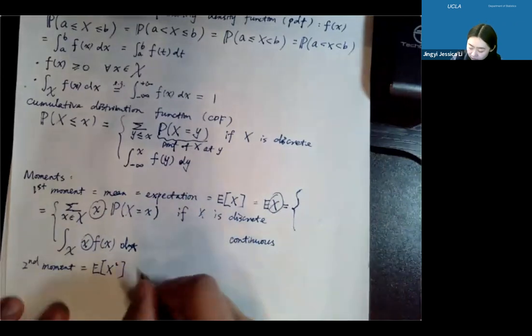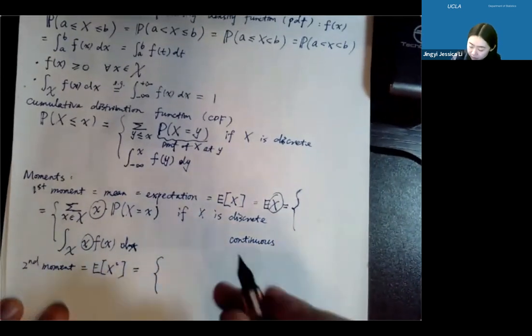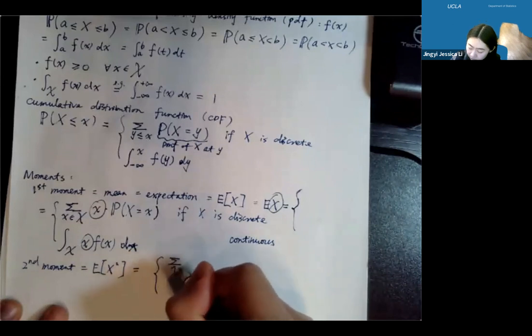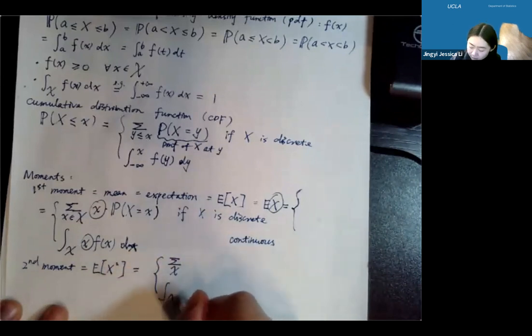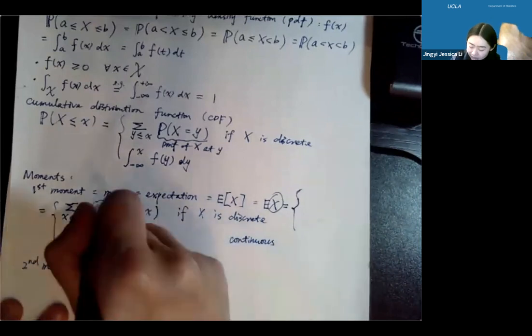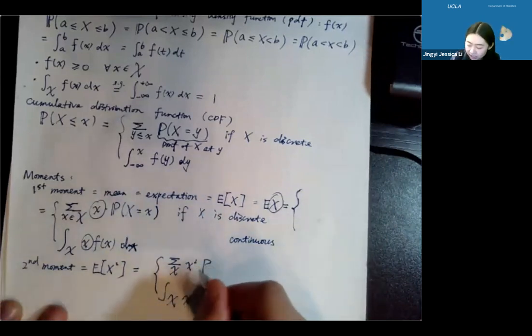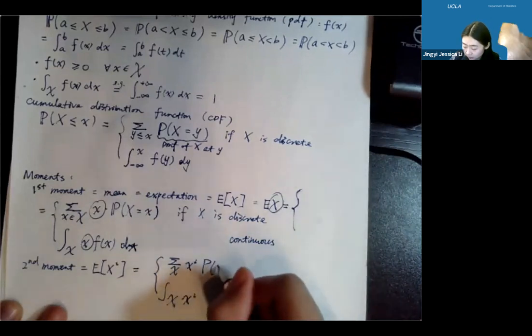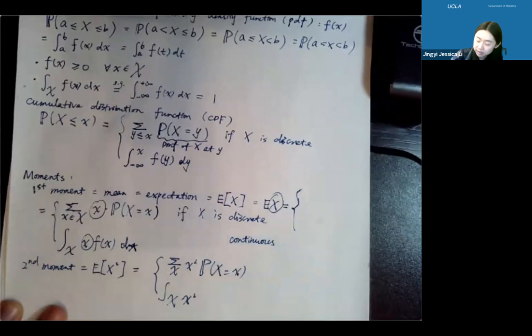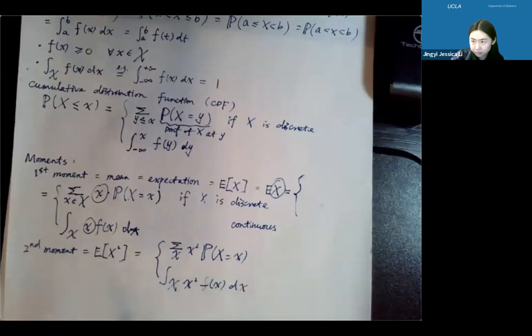Correspondingly, for the discrete and continuous formulas, the domain remains the same, but we change this x to x squared. In the discrete case, we still weight each x squared by the probability. In the continuous case, we multiply it by the density. For the third moment, we'll just change to x cubed, and for the fourth moment, x to the fourth. So these are what we call the moments.